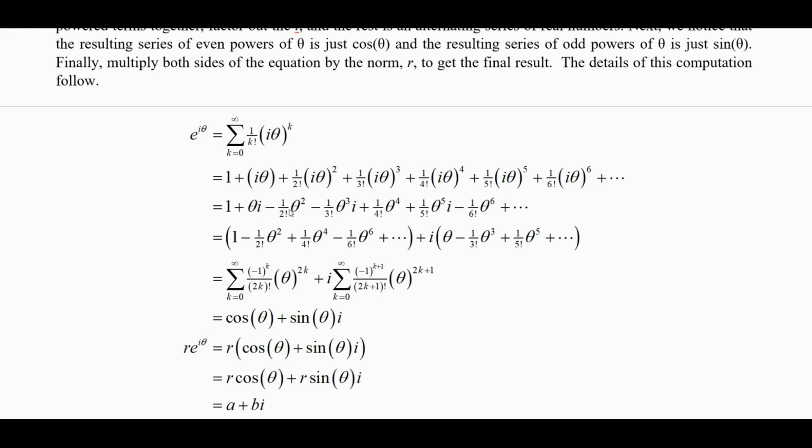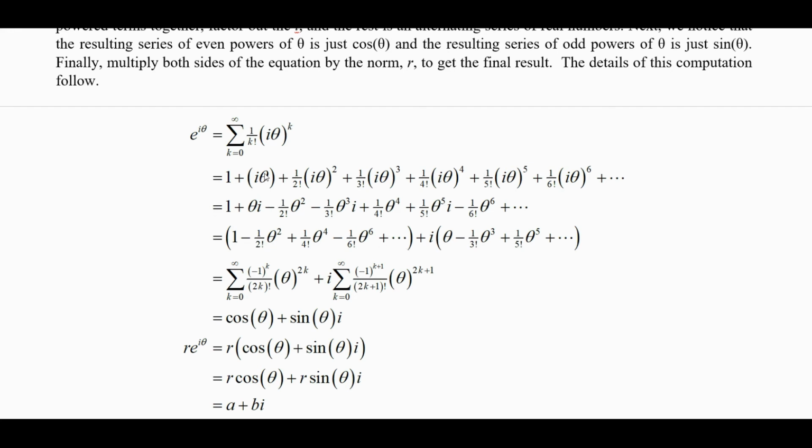So on the even powers, look here: 1, minus 1 over 2 factorial theta squared, plus 1 over 4 factorial theta to the 4th, minus 1 over 6 factorial theta to the 6th. You don't get any i's, right? So those are real terms. All the even ones are real terms, and they alternate in sign. So I'm going to group those together as the real part there.